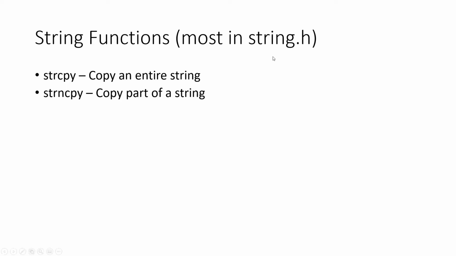We also have strncpy. The n in the middle means that we're taking part as opposed to taking the whole thing. There are n equivalent functions for most of the functions out there. Documentation can be found on cplusplus.com or an equivalent C reference. We then have strcat, which is concatenating strings.